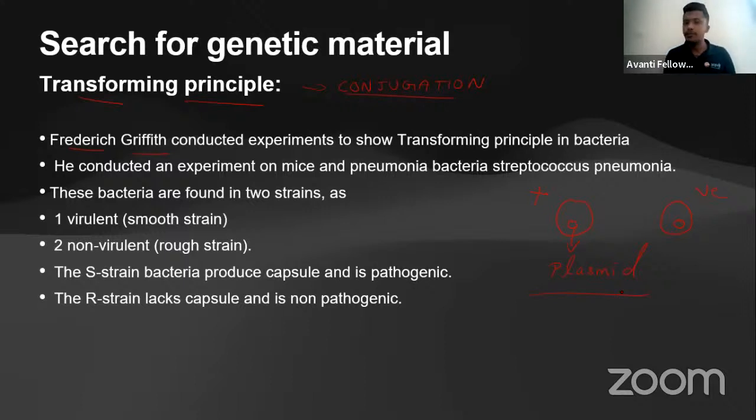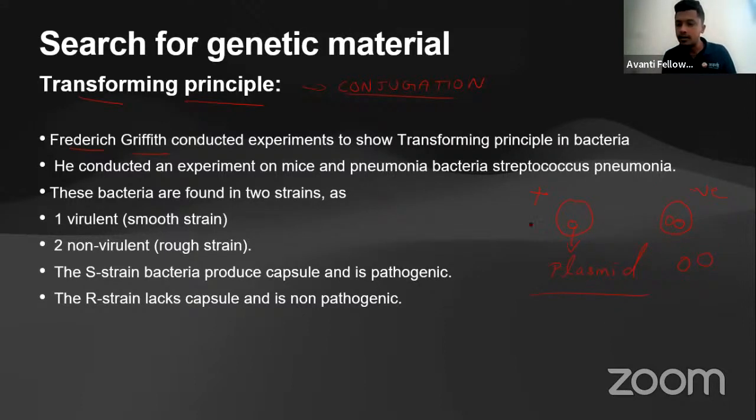Now what happens? An unfavorable condition comes, such as heat, dryness, or antibiotics put on the bacteria to kill them. Let us say that this negative bacteria has a certain character. So this negative bacteria will start making one extra copy of this DNA.